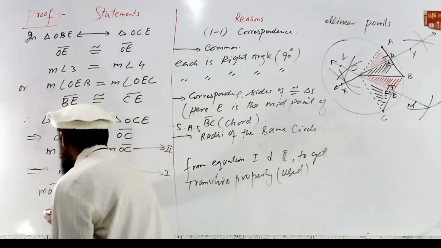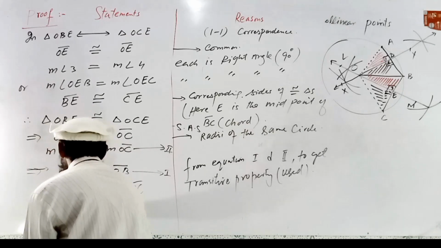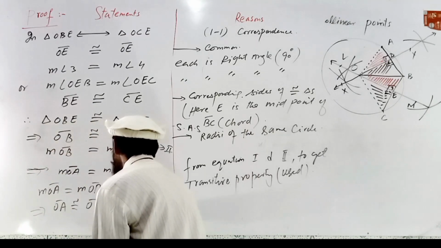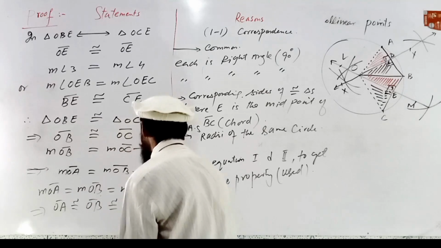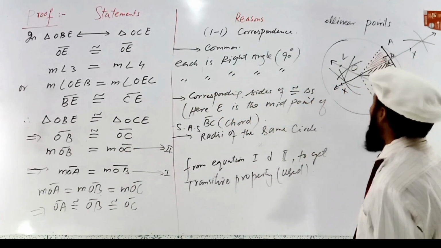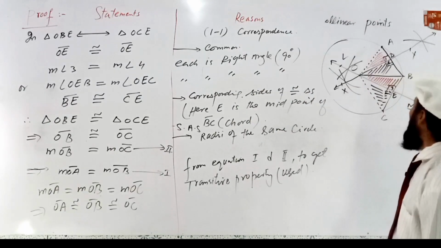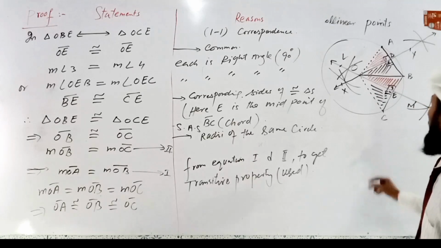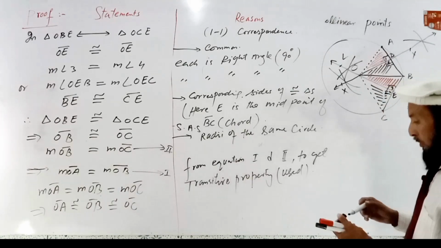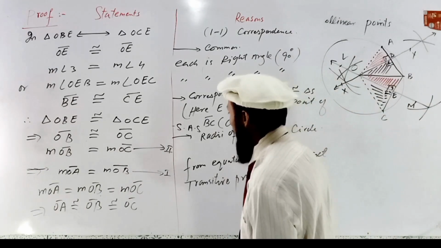So here we can write OA is congruent to OB is congruent to OC. It means that we conclude that one and only one circle can pass through three non-collinear points from the fixed point O. It's verified.